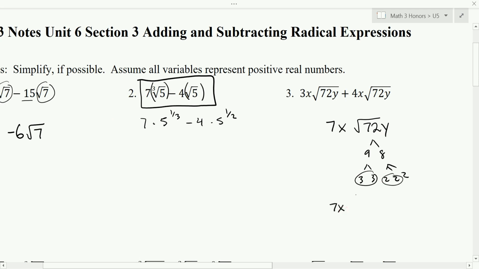We got 7x already on the outside. And the part I'm going to be able to simplify is 3 squared and 2 squared. The part that's left is the 2y. And so we're going to end up with 7x times 3 times 2, which is 42.